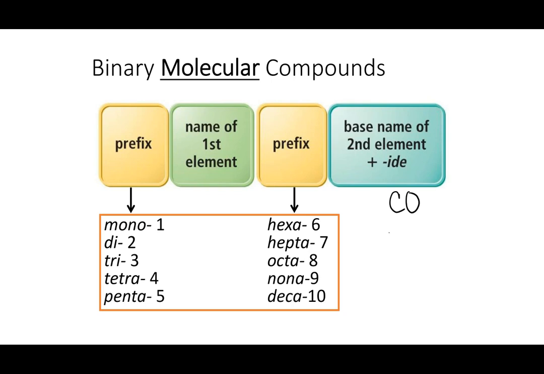All right, so we've got carbon. We've got oxygen, but we're going to keep base name ox, add IDE. And systematically, what it tells me I should do is put the prefix mono for each of these, right? So mono.